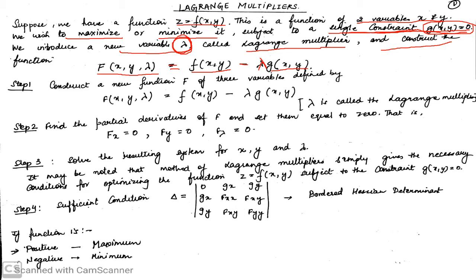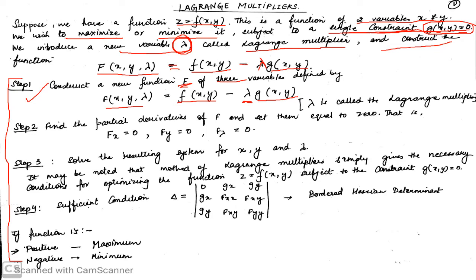Let us now see the steps of minimizing or maximizing it. The first step is to construct a new function f, which is of three variables, and it is defined by, as I already told you, the original function minus lambda times the constraint function.